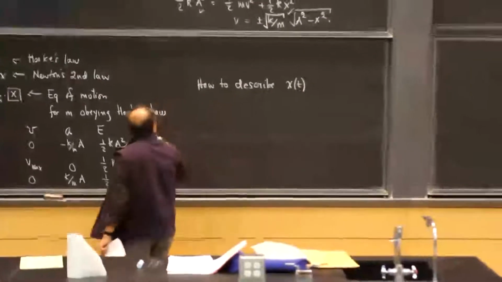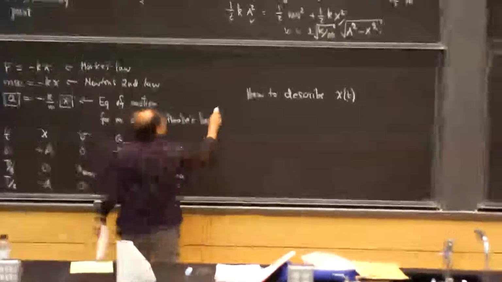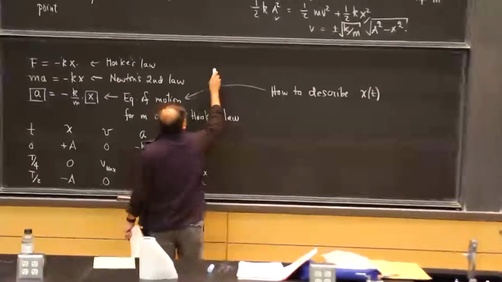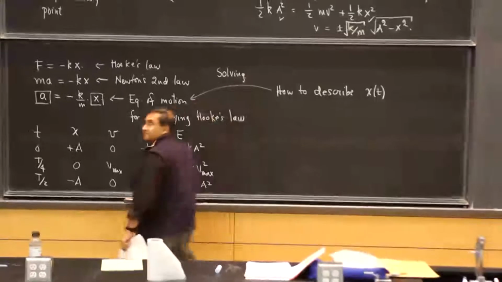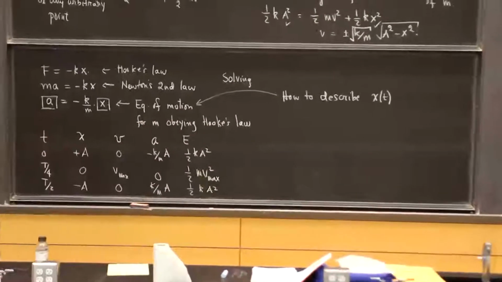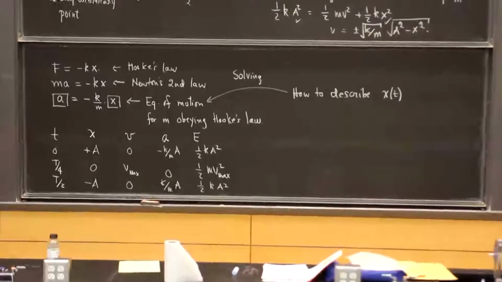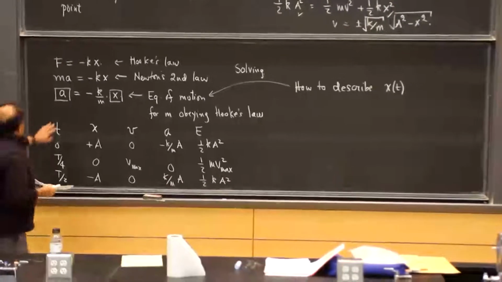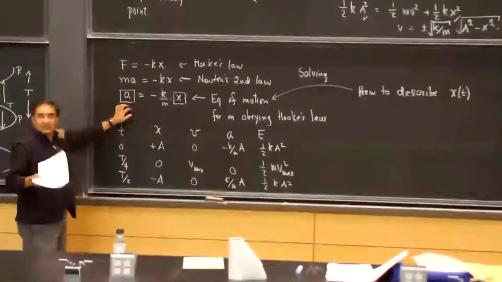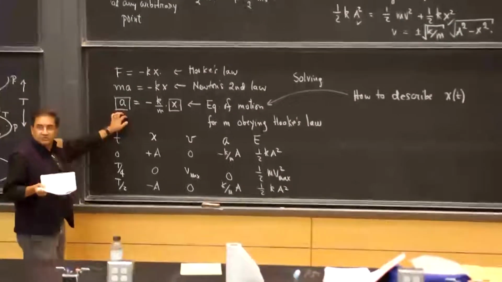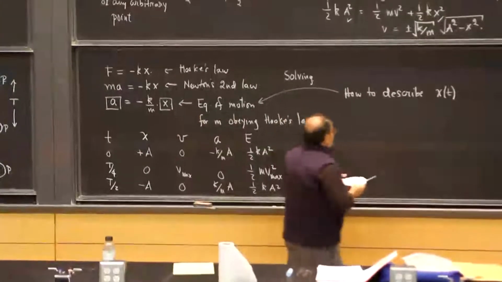In other words, how to describe x as a function of time is the same as solving this equation of motion, because the equation of motion is what I actually have to solve too. Now, it is easy to solve this equation in calculus. Without calculus, we'll just use intuition. It's much easier that way too.